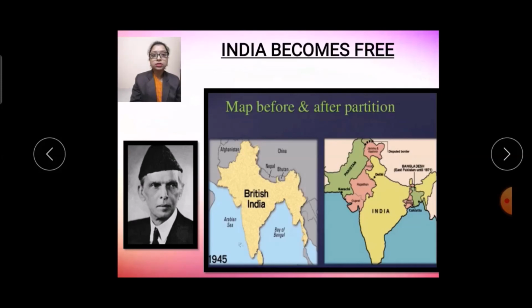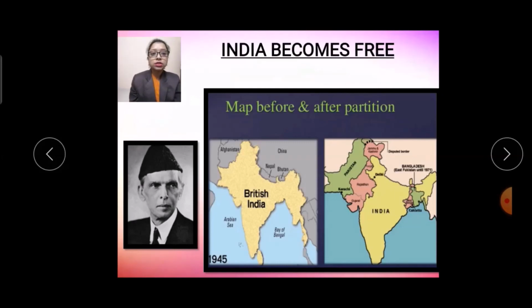On 15th August 1947, India got its independence, but was divided into two nations, India and Pakistan. Gandhiji was heartbroken because his dream of a united India had been broken. Because of the divide and rule policy of the British, India was divided into two nations. Otherwise, we were one nation and we were all known by one name, Indians.